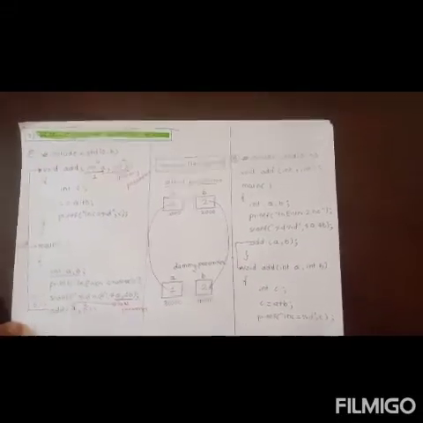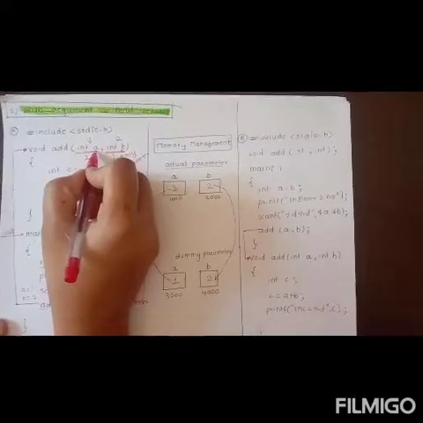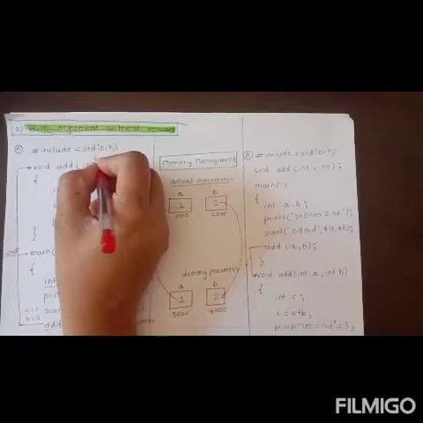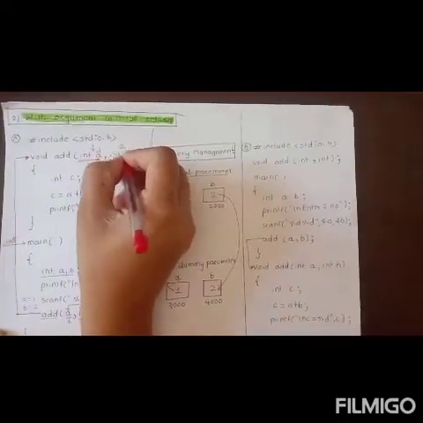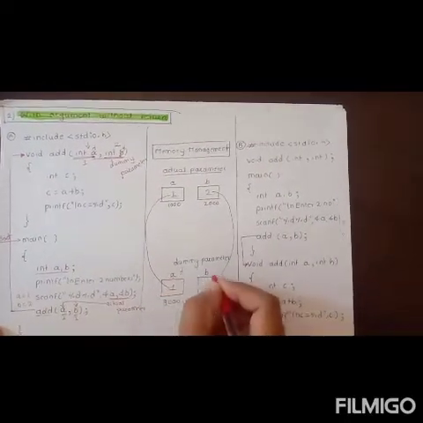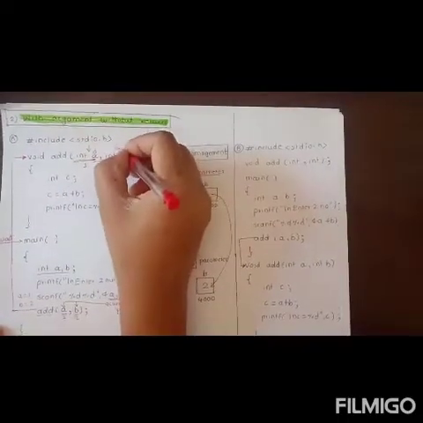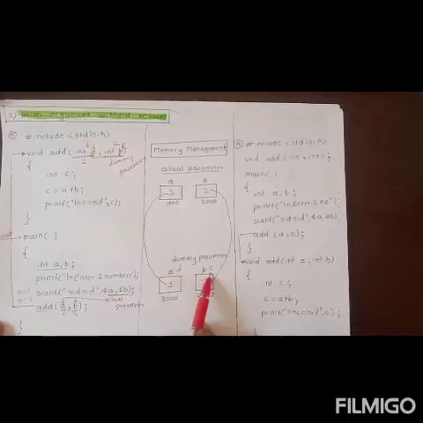Okay, so suppose anyone wants to change these names. Instead of a and b, if I want to change the names to d and e, this is your d and this is your e. This is perfectly okay.